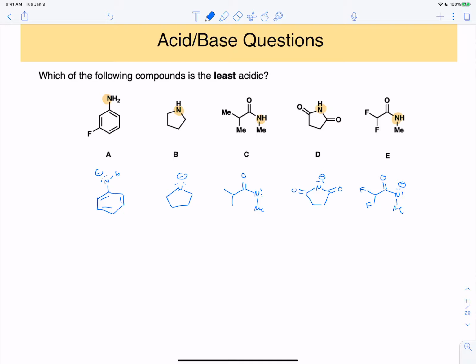So for case A, its conjugate base potentially could have some resonance interaction with the benzene ring, and that'll help. Also, the atom that is attached is an sp2 hybridized carbon, which is more electronegative than an sp3 hybridized carbon. B actually has no real standout features of how it can be stabilized.